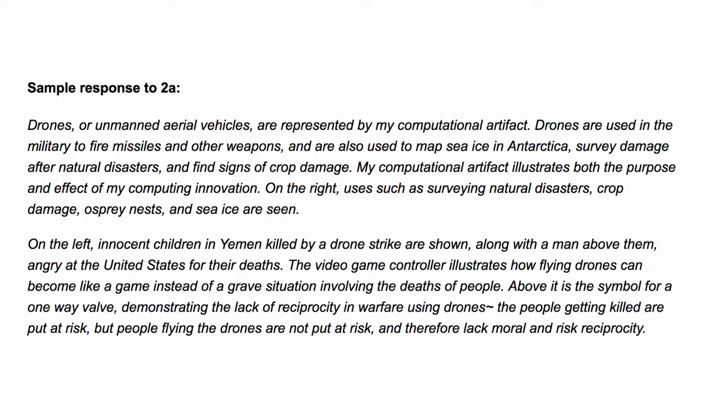That counts. But this is an example where if you don't have the written response, or if they didn't write it very well, if they just talked about drones but not how their computational artifact illustrated the purpose and effect, then they wouldn't get the point. But here, this is a good written response taken in conjunction with the images. This gets the point for computational artifact.